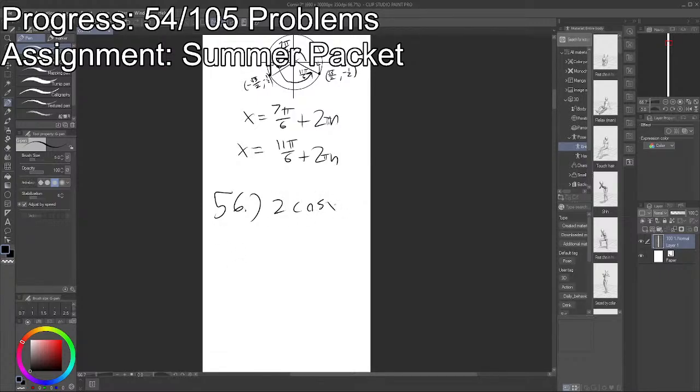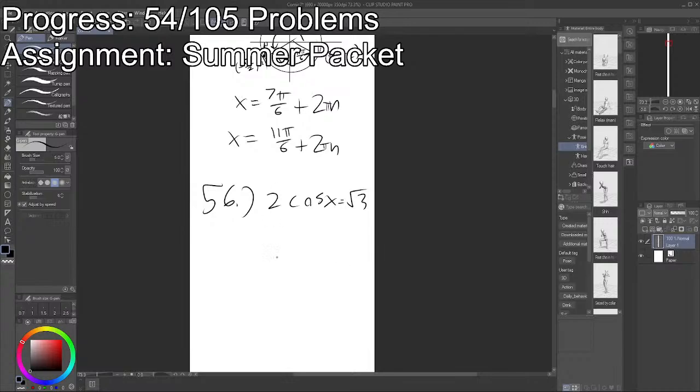2 cos x equals square root of 3. Guessing I just move the 2 over real quick. This seems easy.